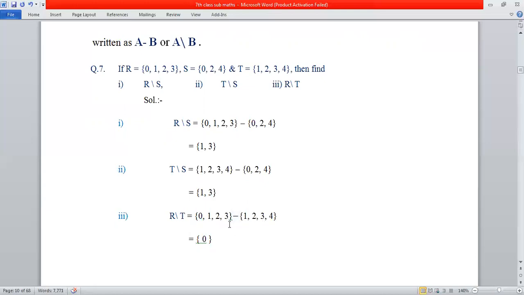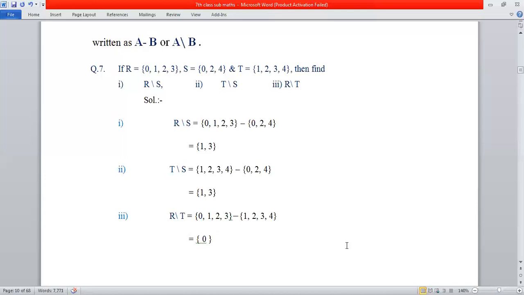Is 3 present? Yes, it will be subtracted. So only 0 will come in the answer. We don't think about 4. When we do subtraction, we check only the first set, and only elements not present in the second will come in the answer.